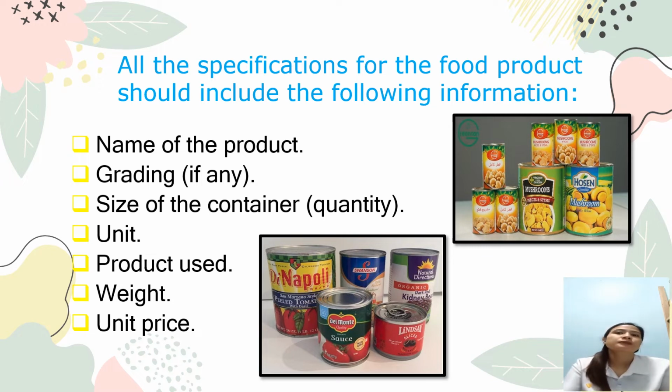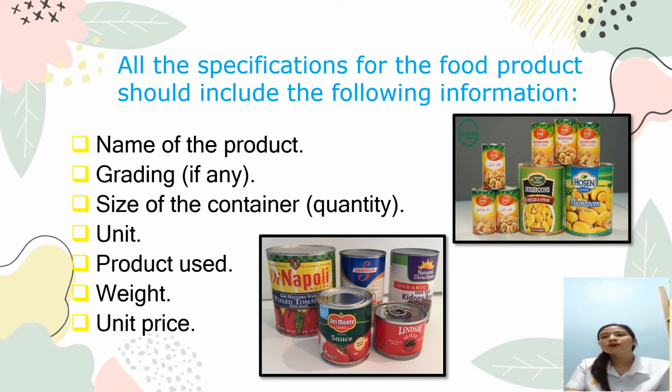So all the specifications for the product should include the following information: name of the product, for example, cooking oil, Jolly, Spring, or Baguio oil. For grading, for example, grading of rice. For size, examples like small, medium, and large.